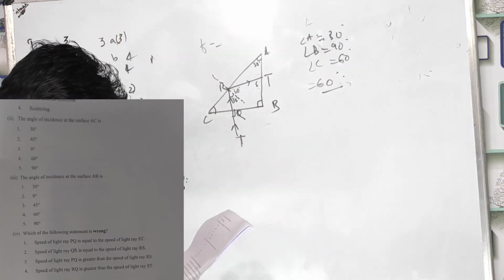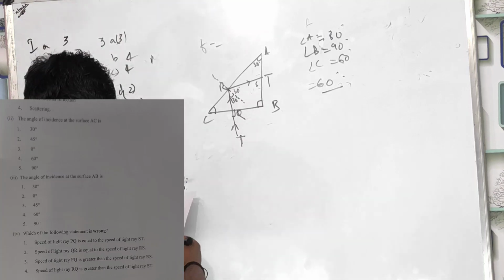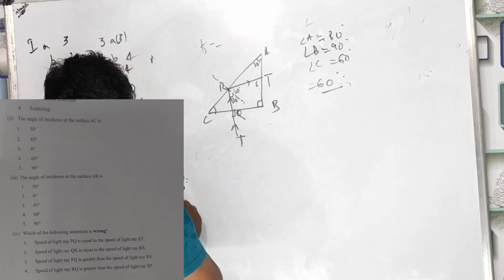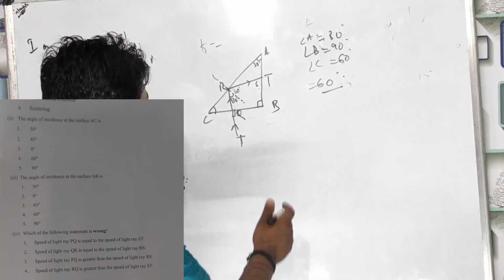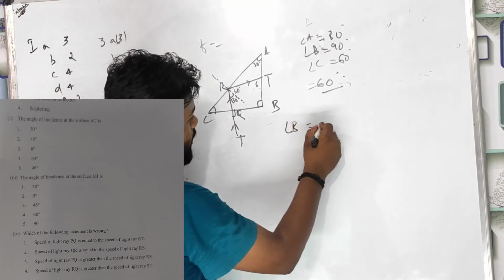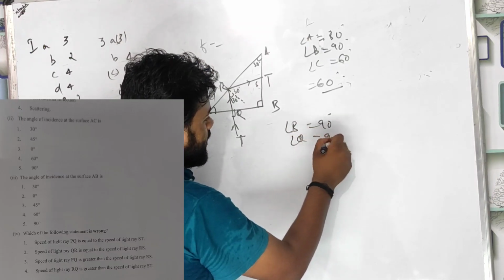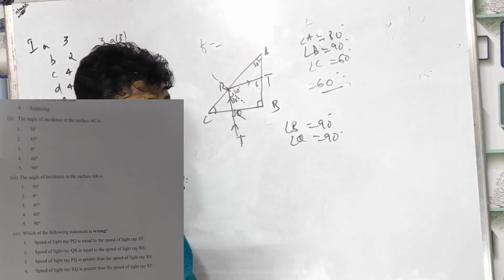So in case of option 3, it says the angle of incidence at AB, angle B equals 90 degrees, angle Q equals 90 degrees, perpendicular, you can see in the figure also.